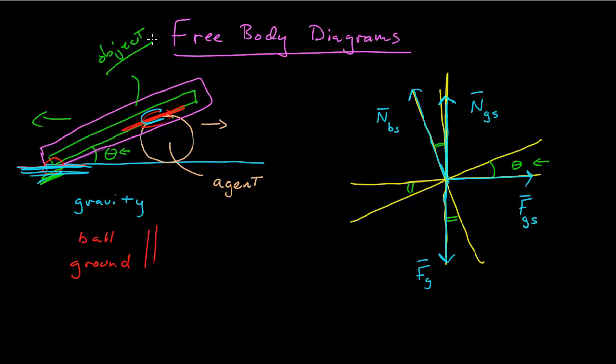The stick is the object. So if the ball is rolling, and that means we have sliding at this point of contact, in what direction is the object moving relative to the agent? Well, the agent, at this point of contact, is sliding off here, up and to the right. But of course, that's the agent, and that means relative to that motion, the object, in another color, is going to be sliding in the opposite direction.